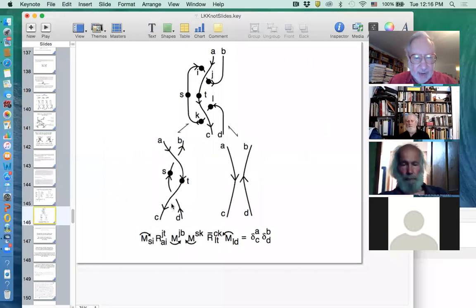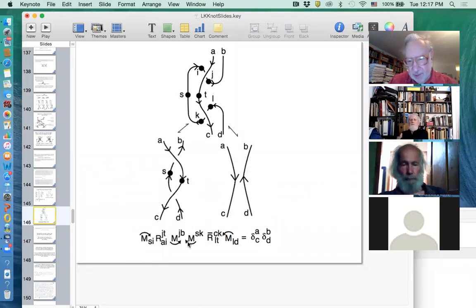And when you write that out, you find yourself rewriting things in terms of cups and caps. I'm not going to go through this in detail. And then finding yourself with a special equation that has to be satisfied, equal to the identity, something like an inverse. This multiplied by that should be equal to the identity. And there's some cups and caps in there.